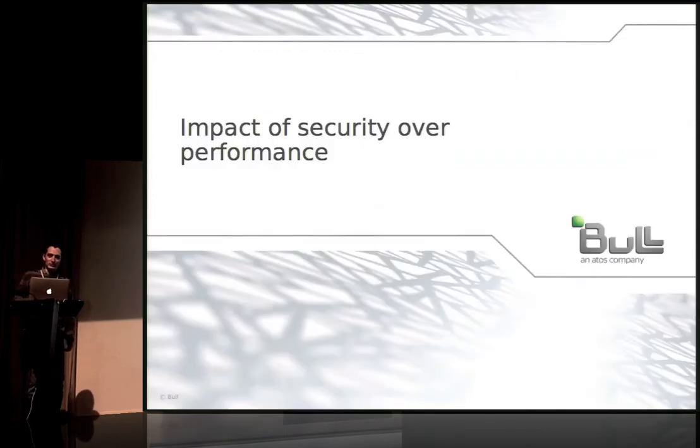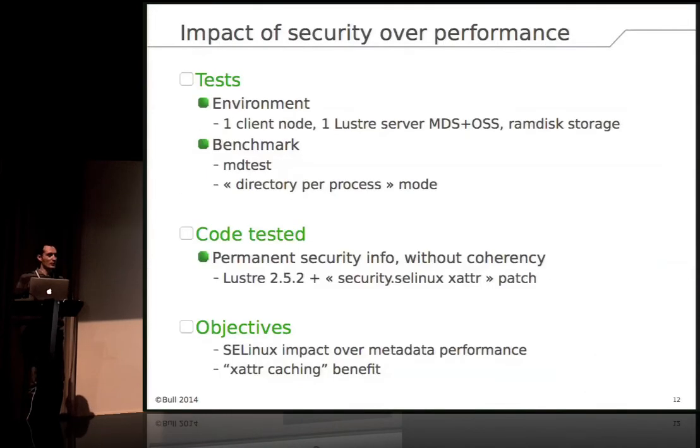Okay, so we all do HPC, so we have very demanding users, and they want features, but at nearly no cost, if possible. But we all know that it's not the case, so we have to measure this impact. The test system I used is very simple.